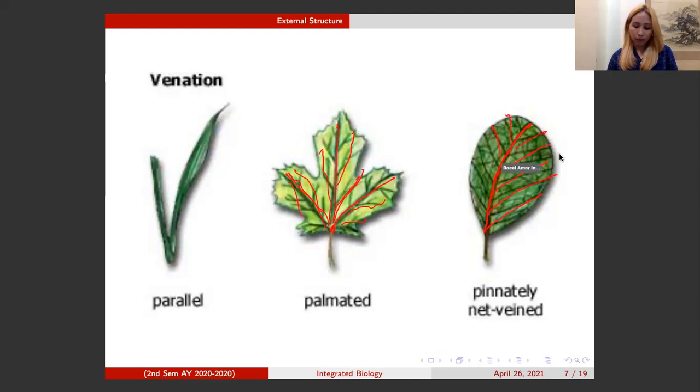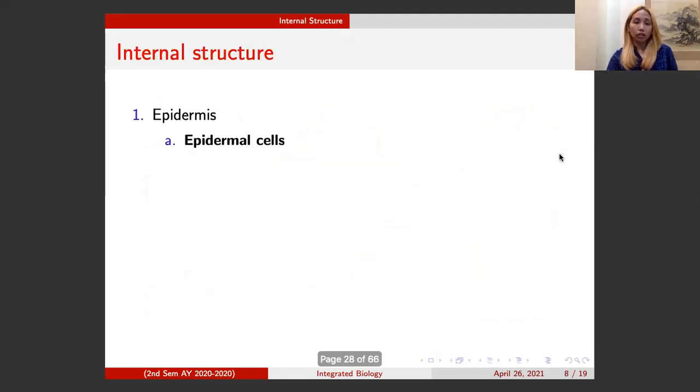This is the type of netted venation where it comes from one particular axis and all of the veins stem from there, unlike palmate, where it originates from one point at the top of the petiole. So basically that's that for venation, and that's that for the external structure of the leaf.